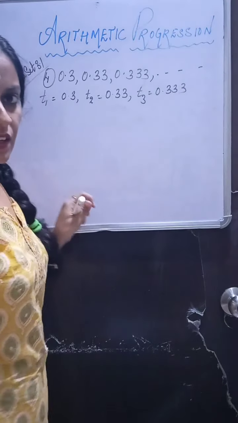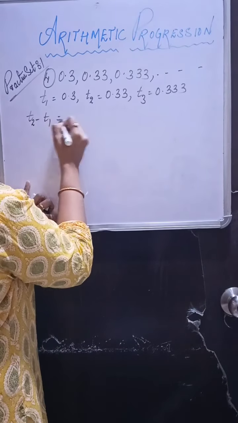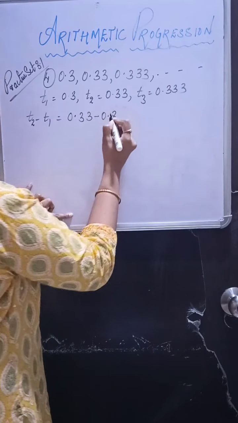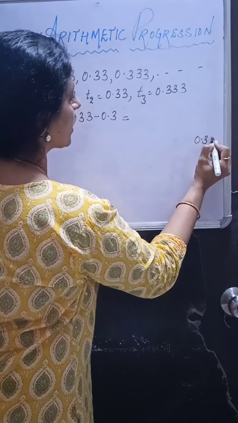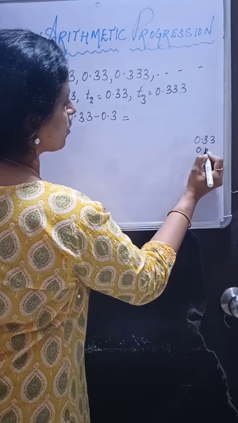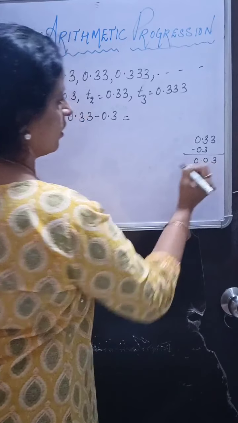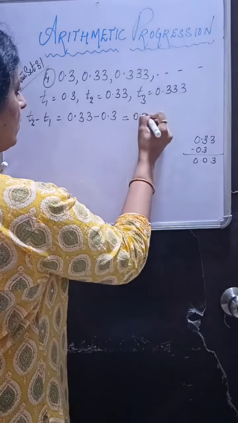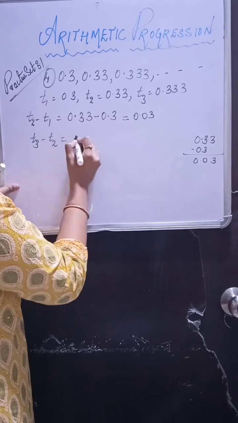is 0.333. Let's subtract. T2 minus T1 is equal to 0.33 minus 0.3. If you are confused, use the working column. 0.33 minus 0.3 will give you 0.03. Next is T3 minus T2.